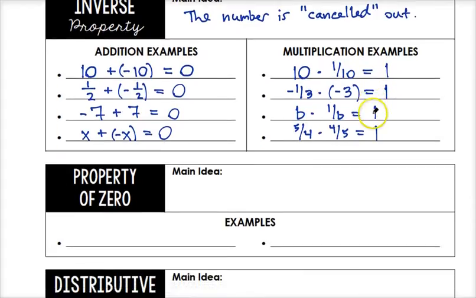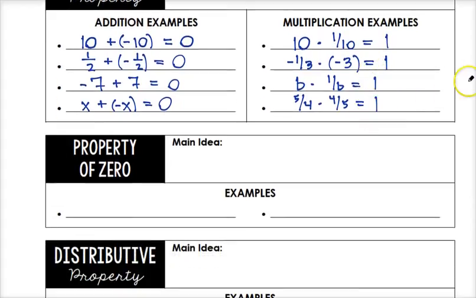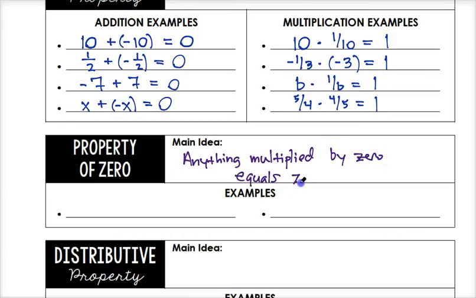Okay, two more properties that we're going to look at. The property of 0. This is a fairly simple property to understand. It simply says that anything multiplied by 0 equals 0. So this property only applies to multiplication.